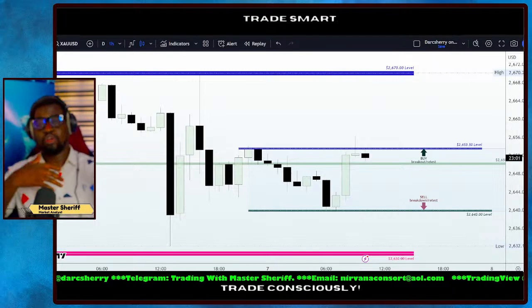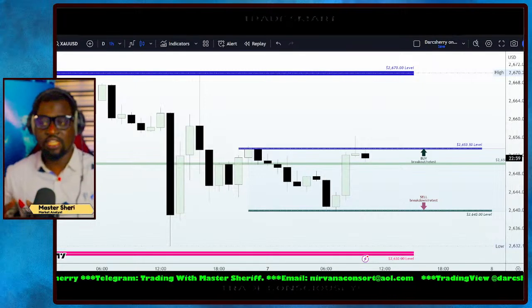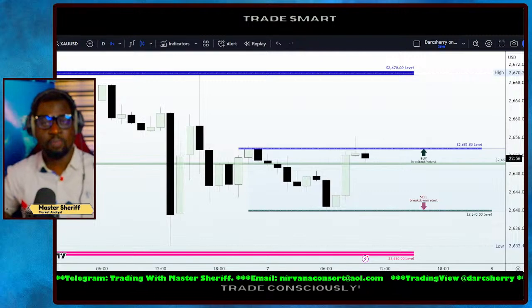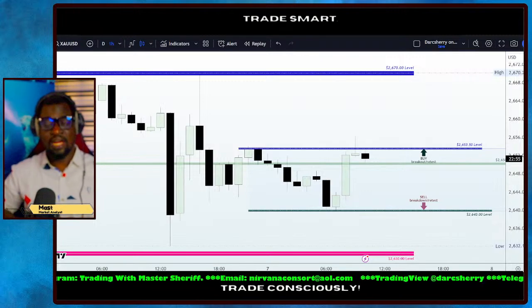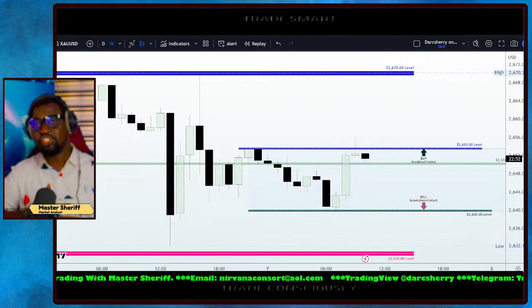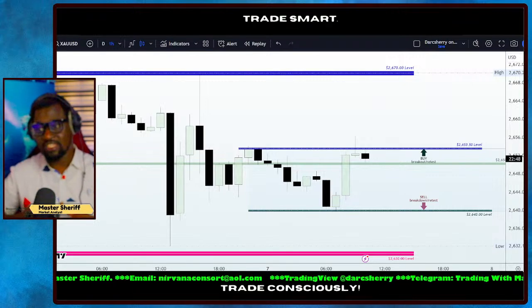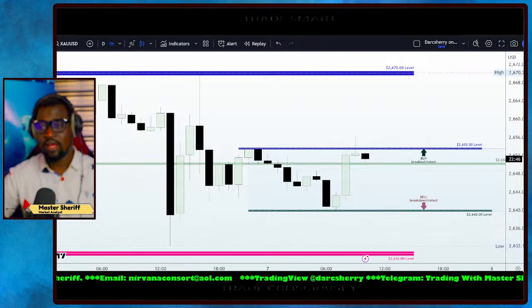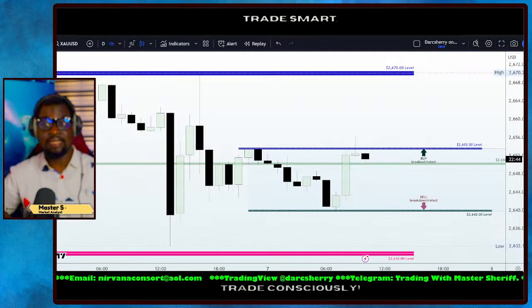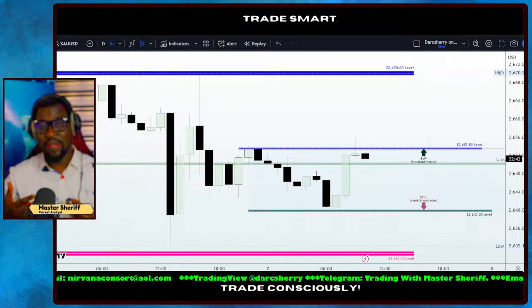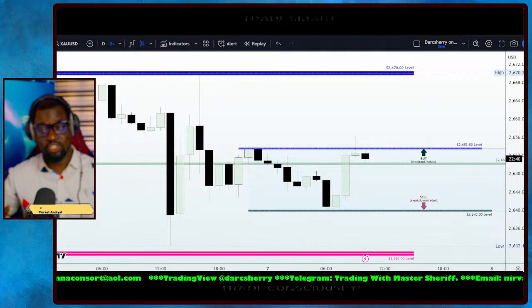And of course, we also have the geopolitical tensions in the Middle East, which will continue to support demand for safe haven assets. Now, China on the other side, the optimism from a slew of economic stimulus policies in China could support broader market sentiment and indirectly benefit safe haven assets such as gold.